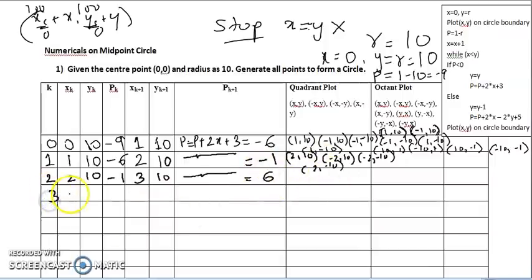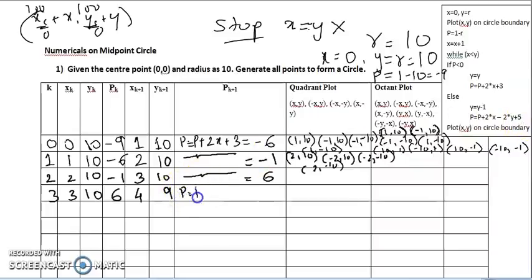And then at the third iteration, the values are 3, 10 and 6. Okay. So my value will be 4 because x is incremented by 1. This is positive p. So I go to the else part wherein my y will be decremented by 1. Y decremented by 1, 10 changes to 9. And how am I going to do it? P value is p plus 2x minus 2y plus 5.